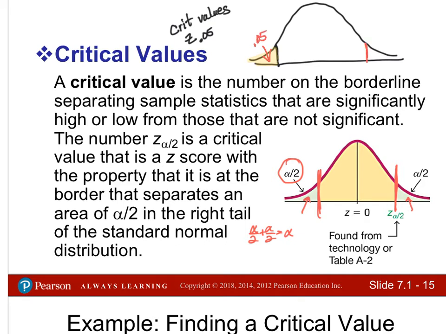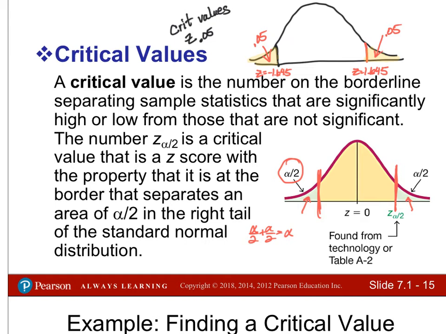Likewise, there's another symmetric boundary, which means they're going to be the same z-score, just opposites, so that area is also 0.05. If I look those up in my table, so that I get those corresponding areas, I'm going to get this z-score is negative 1.645, and this z-score is positive 1.645. See how they're the same number, just opposite?